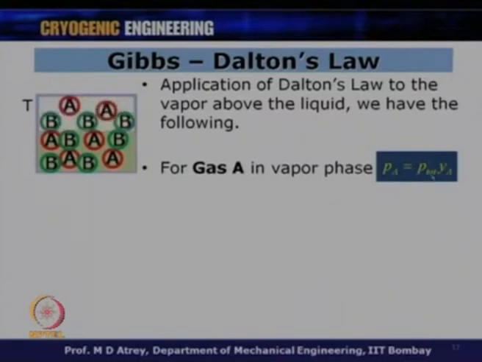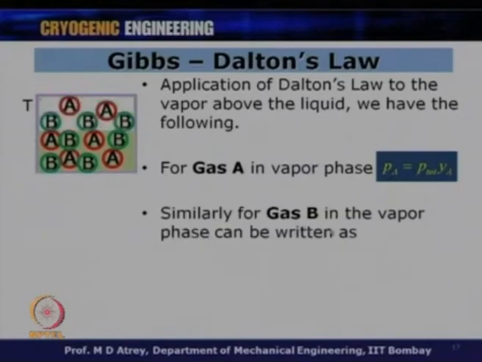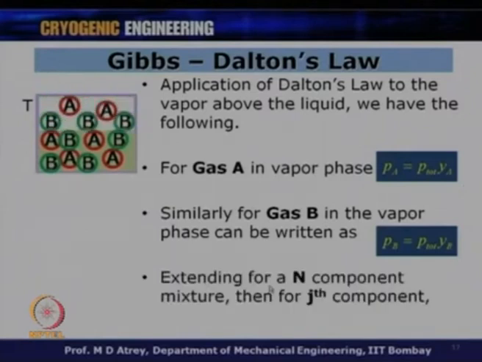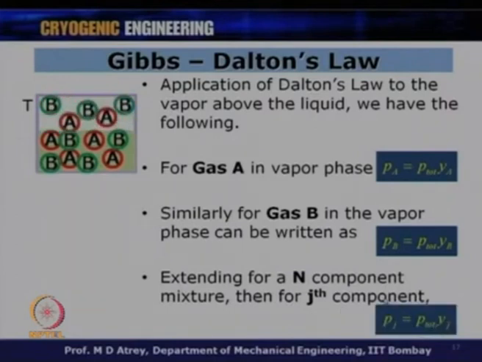So, P A is equal to P total into Y A. Similarly, for gas B in the vapor phase, we write P B is equal to P total into Y B. This is what we have done earlier. Gibbs-Dalton's law is basically applying the same thing, assuming that the vapor behaves as an ideal gas. Extending this to an n component mixture, for the jth component, P j is equal to P total into Y j. This is the same thing applied for any jth component in an n component mixture.